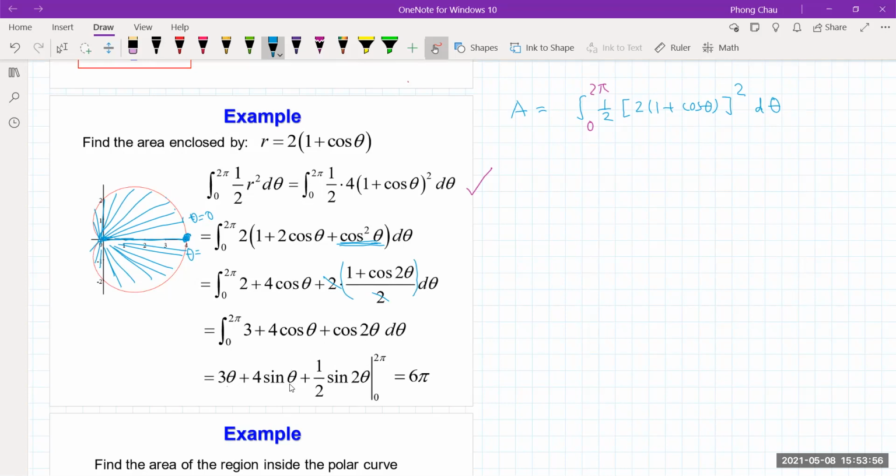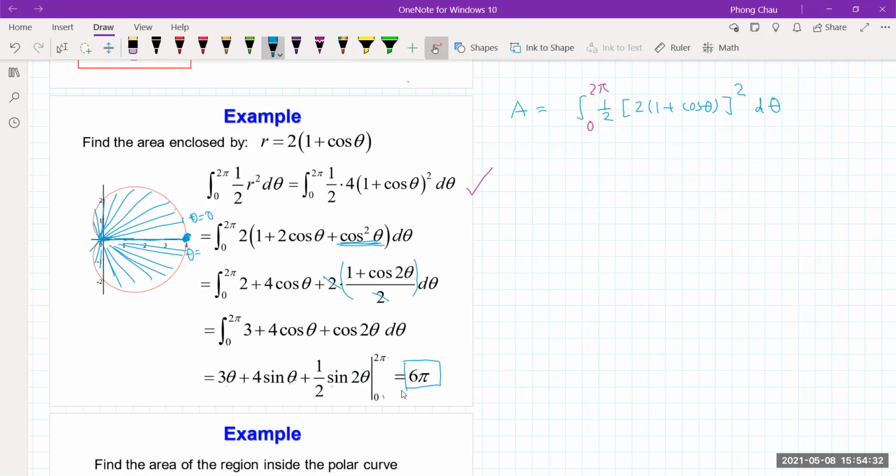But sine of 2 pi, sine of 4 pi, or plug 0 in, sine 0, they are all zeros, except the first term when you plug 2 pi in, 6 pi. So we have 6 pi plus 0 minus 0 minus 0 minus 0. And the final answer, of course, becomes 6 pi as the area inside this polar graph.